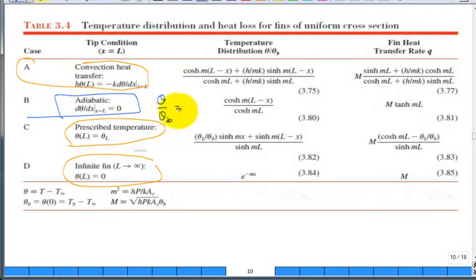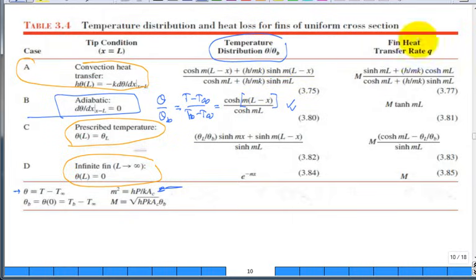Well, what was theta? It's the temperature difference defined right here. T minus T infinity divided by the base temperature, T b, minus T infinity. So it's equal to the cosh of m times L minus x divided by the cosh of mL. Well, what was that m again? That was our parameter. So m squared is hP over k A c. That gives us the temperature distribution, doesn't it?